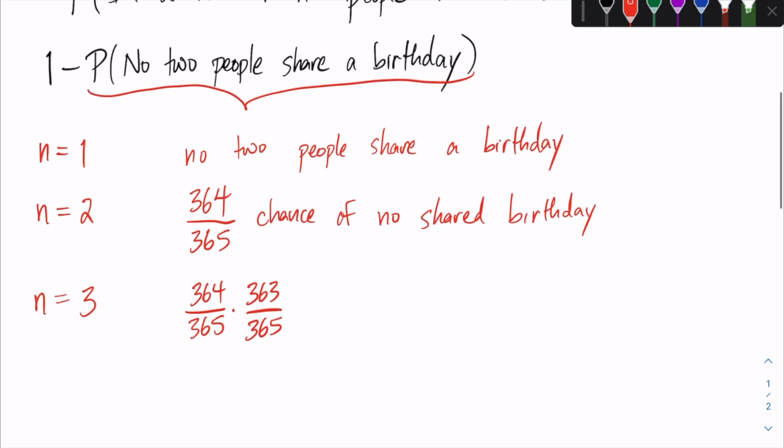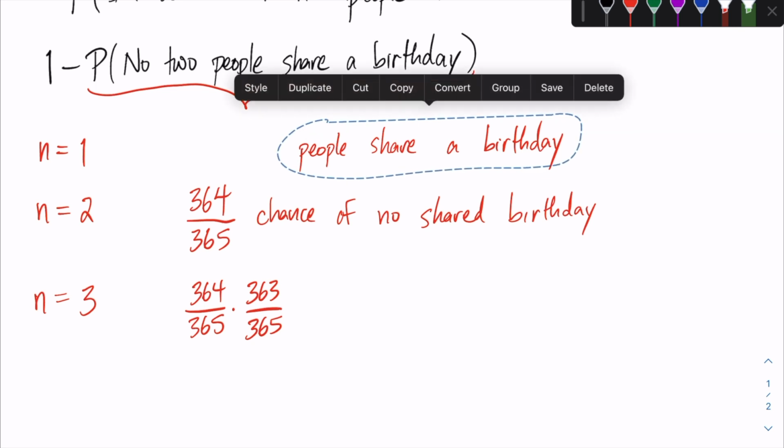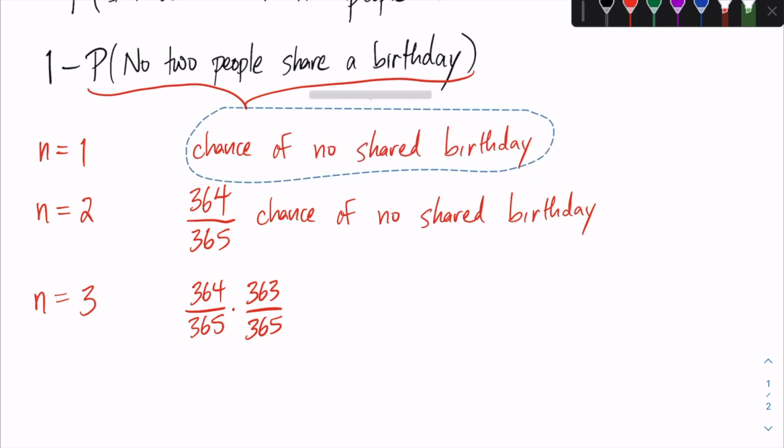Okay. And in fact, this kind of implies something here. So maybe I'm just going to change this to what I had written up here. Oops, delete that, delete this. Which is the chance of no shared birthday.